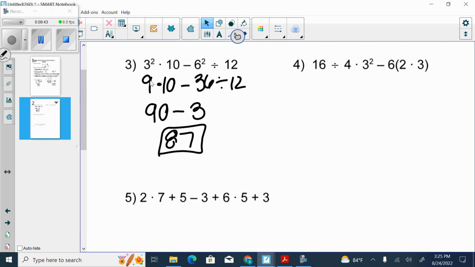Okay, on number 4, what are we going to do first? In the parentheses, right. So inside the parentheses, I've got 2 times 3, which is 6, good. Alright, I'm going to bring everything else down.